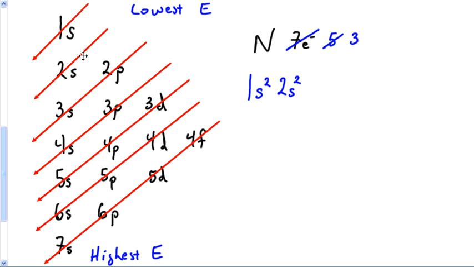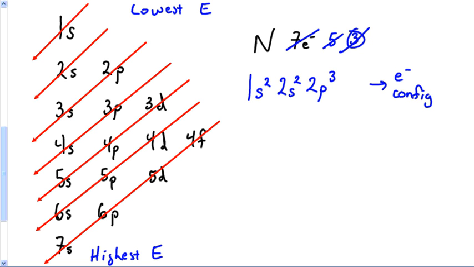Next is 2p. Now there are 6 possible electrons you can put into a p orbital, but we only have 3 left, so we're going to give it 3. And that is actually your electron configuration. A lot of periodic tables actually have it on there, so you can even double check your answer. But this is an electron configuration.